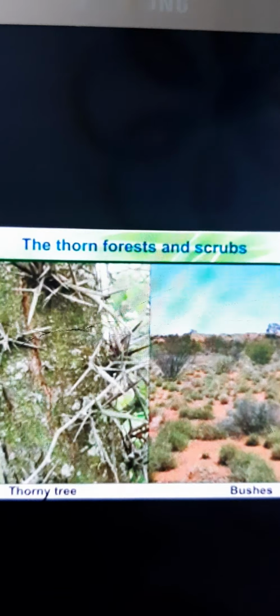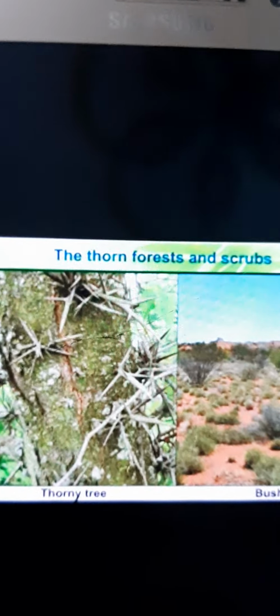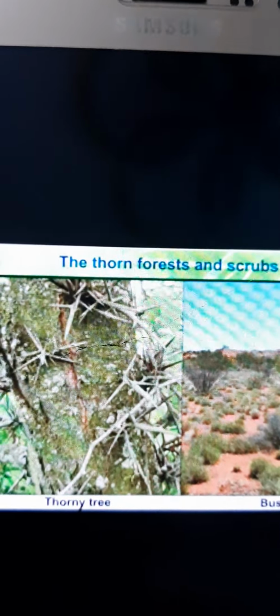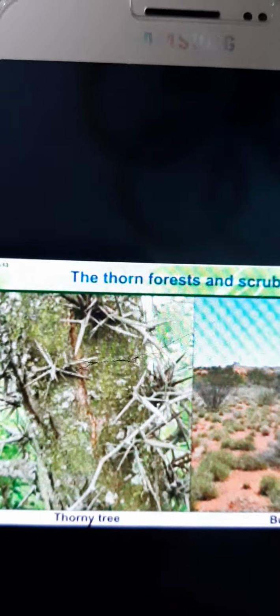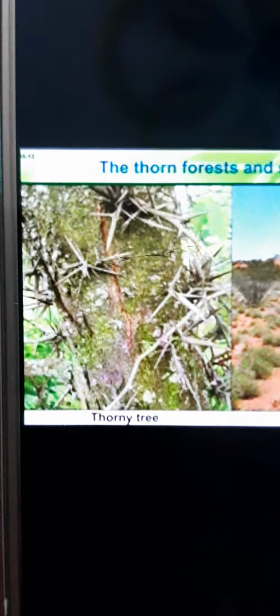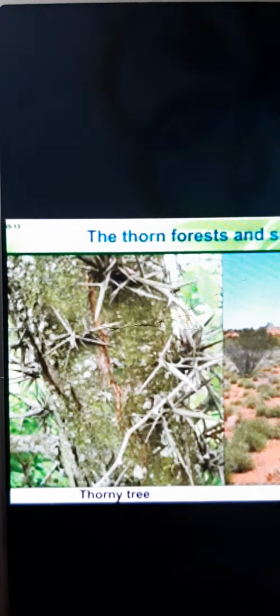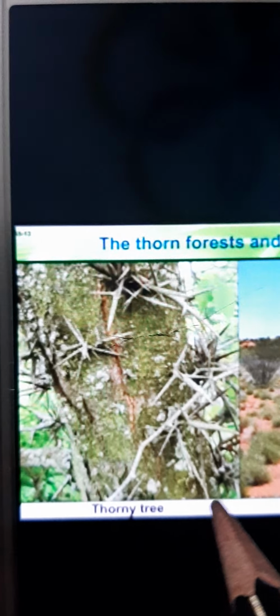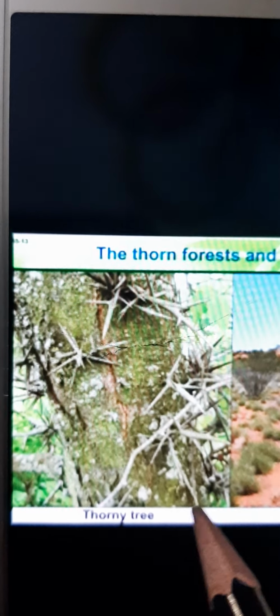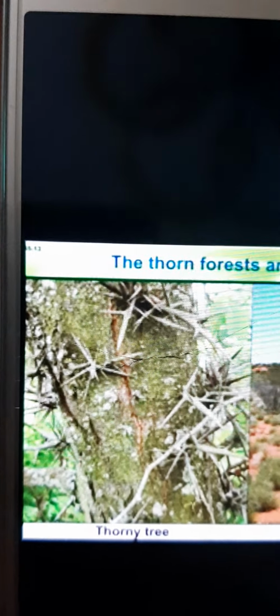Now we are going to talk about the next topic. In the thorn forest and scrub vegetation, the main trees found there are acacia, palm, euphorbia and cacti, which are the main plant species found in this forest.